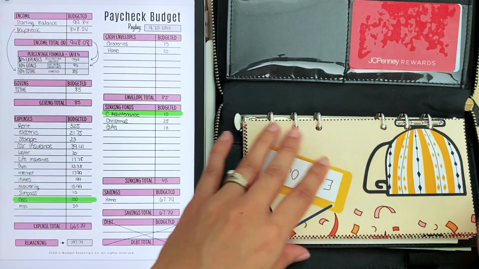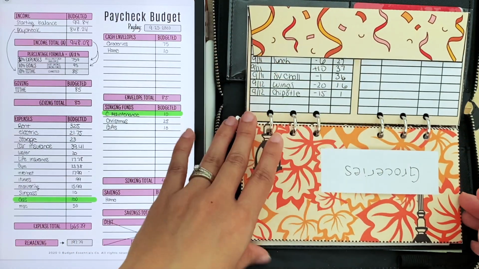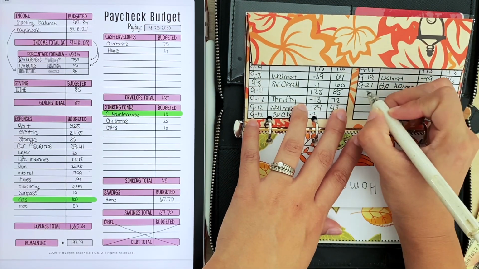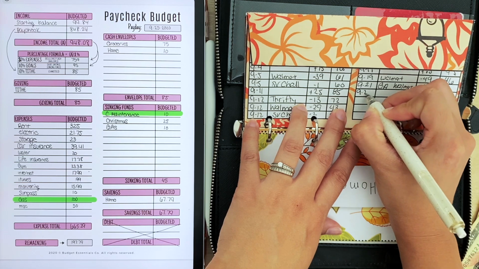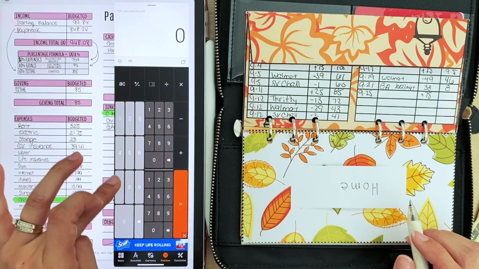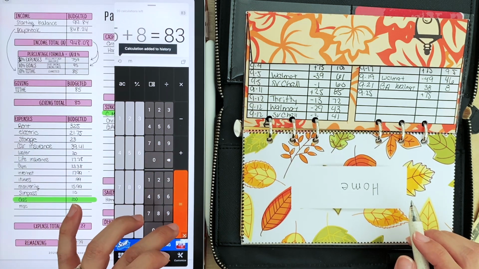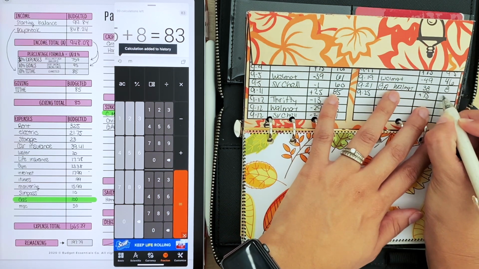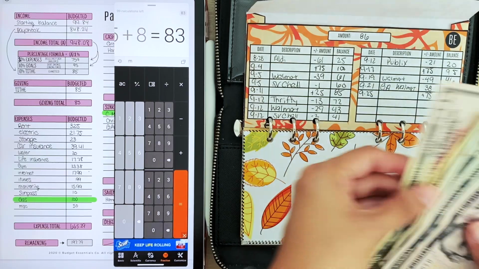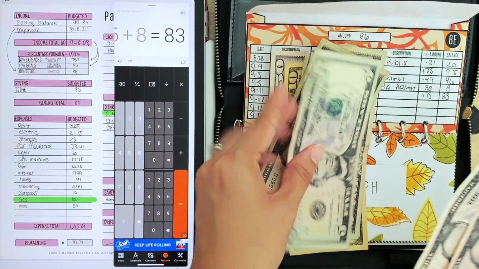So now let me update my daily cash envelopes. We're not putting anything into eating out. Groceries, we are adding the $75. So it should be 83, 50, 60, 75.